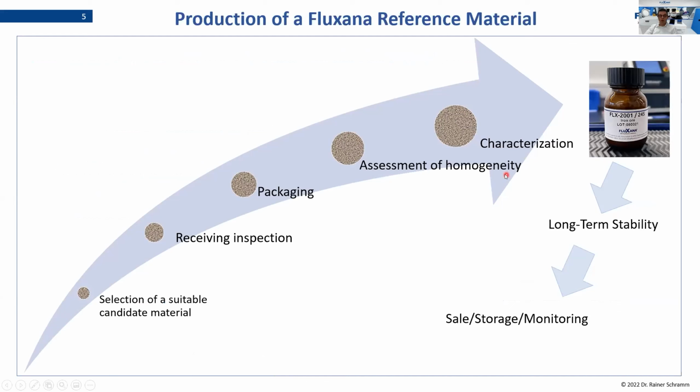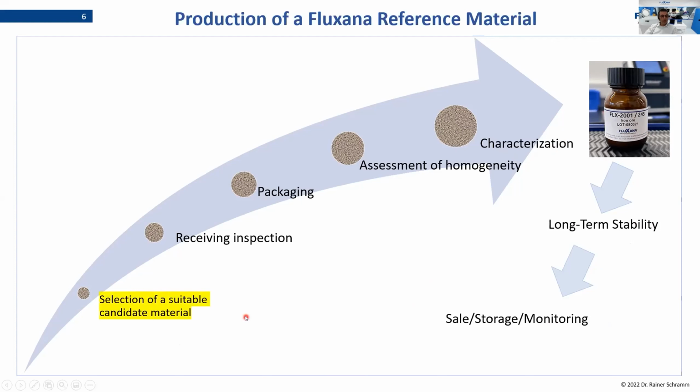We have to check the homogeneity. We then have to characterize all the parameters in that material. And then it mostly goes to stock. And when it's in stock, we have to monitor whether it is stable. And we also have to monitor if there are any issues during transport and during the lifetime and use of the material.